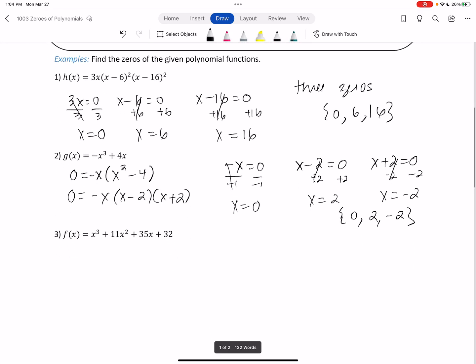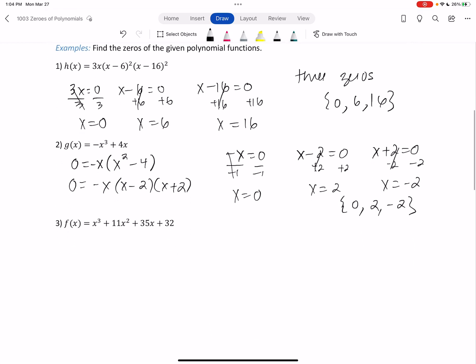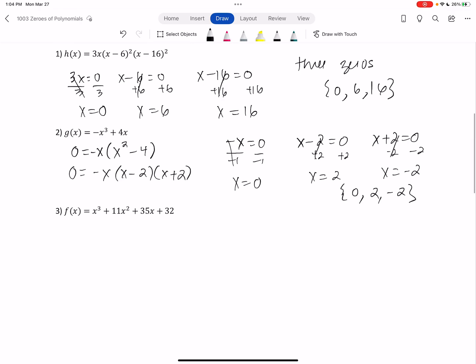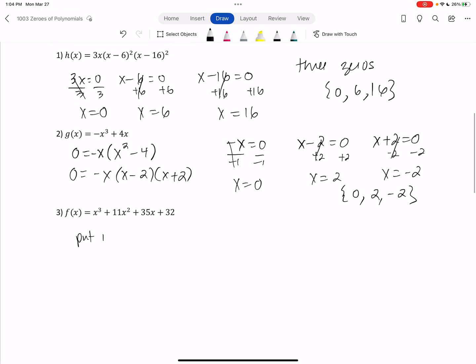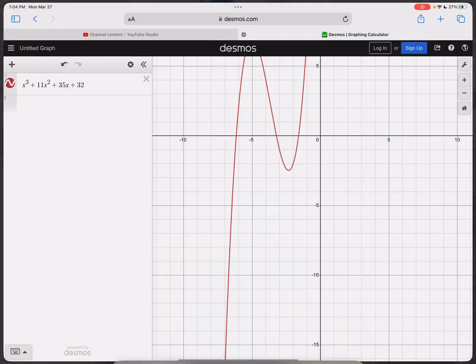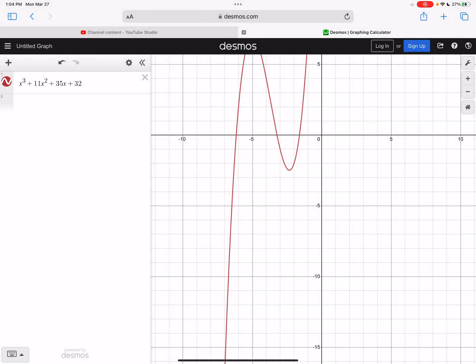So again, I got three zeros: 0, 2, and negative 2. So in this last example, it's not factored at all, and it doesn't look like there's anything in common. I don't really know how to factor this. So what I'm going to do in this one is put it in my calculator. I'm going to take this equation, x cubed plus 11x squared plus 35x plus 32, and put it in Desmos. And zeros are really just x-intercepts.